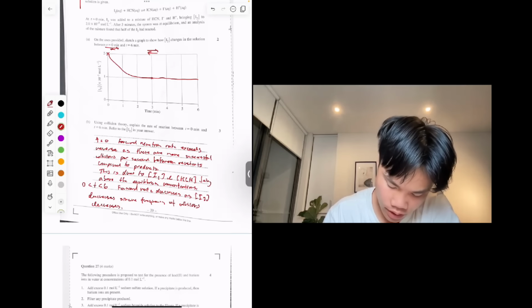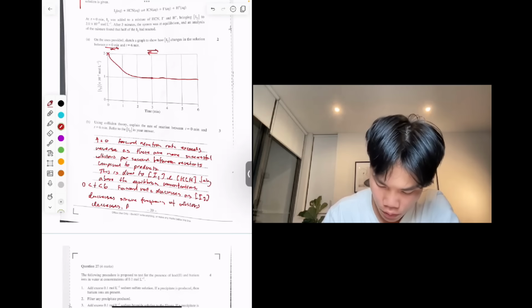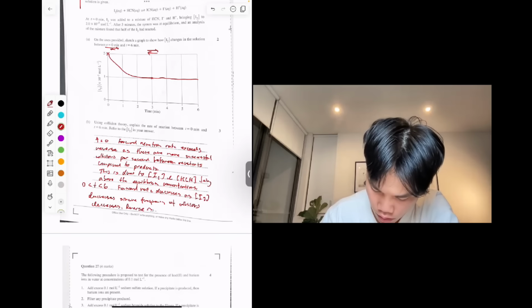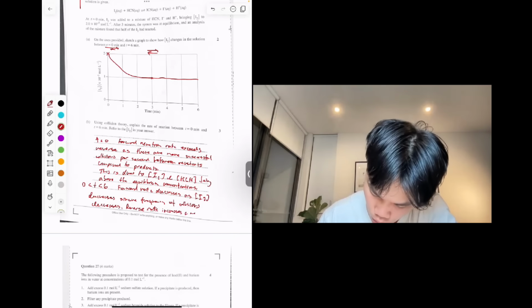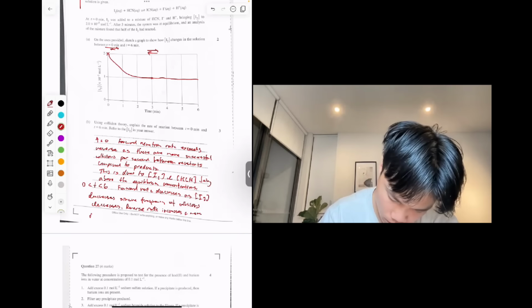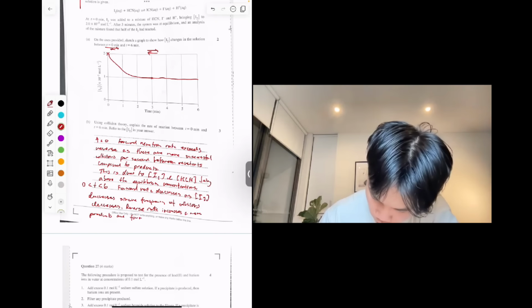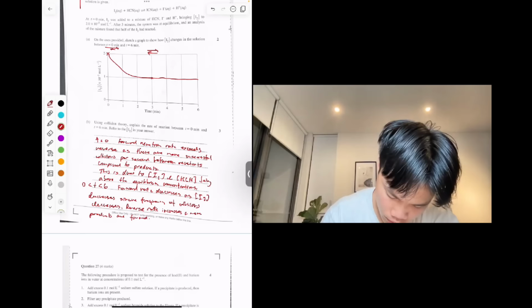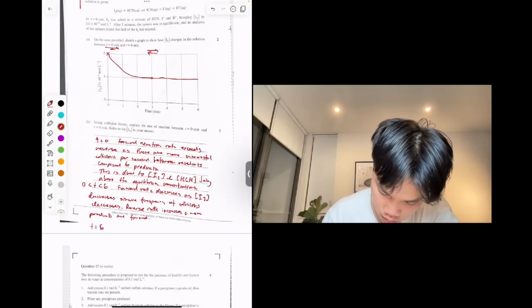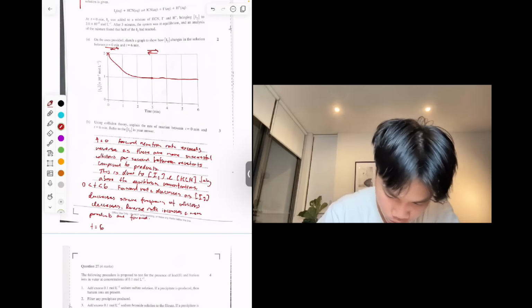And then you can finally say, or you could also say, reverse rate would be increasing as well. Increases as more products are formed. And then very finally, you could say at t equals 6. Oh, hang on, sorry.